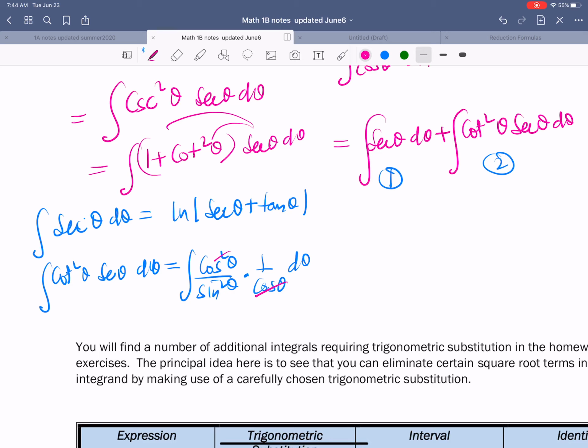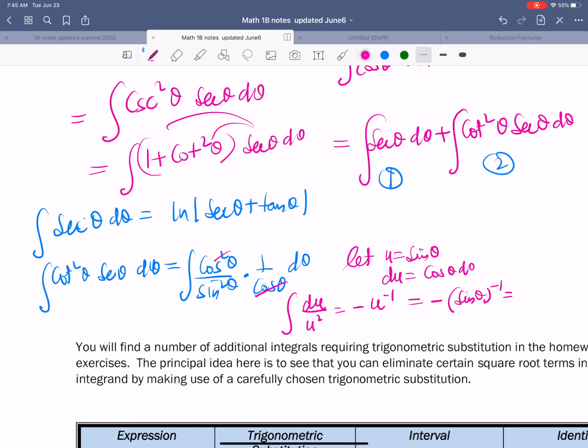We can do the u substitution here: let u be sine theta, so du will be cos theta d theta. So we can write that integral as du over u to the second power, which turns out to be negative u to the negative 1 power, which is negative 1 over sine theta.